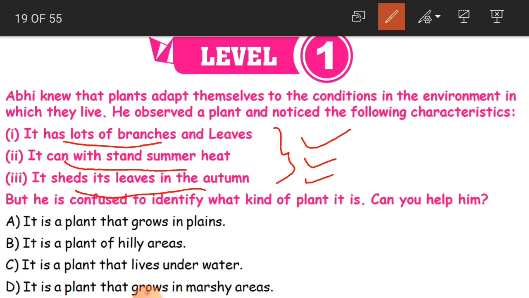The options are: it is a plant that grows in plains, it is a plant of hilly areas, it is a plant that lives under water, it is a plant that grows in marshy areas. Okay children, what type of plant can tolerate the sun's heat, has lots of branches and leaves, and sheds its leaves in the autumn? The plant which grows in the plains, that is option A. So A is the correct answer.